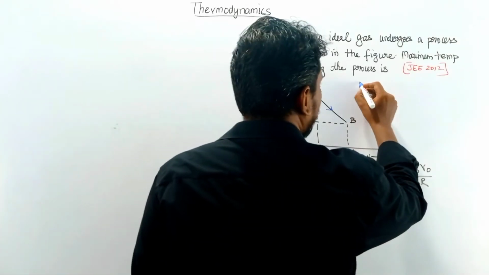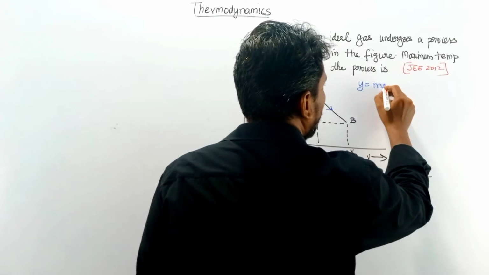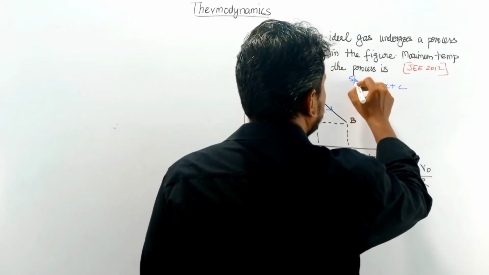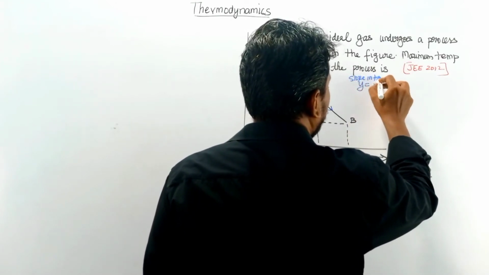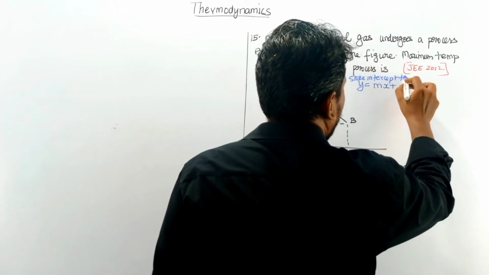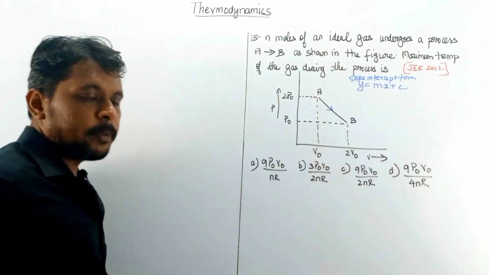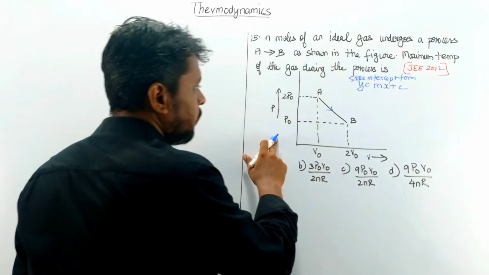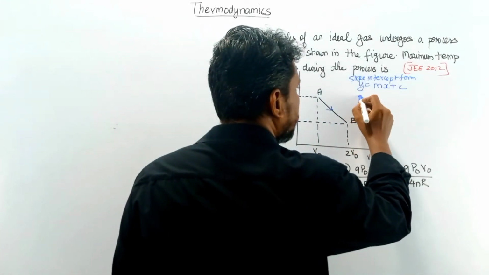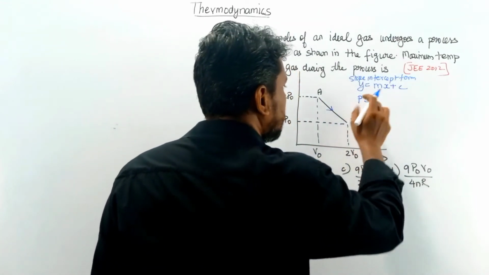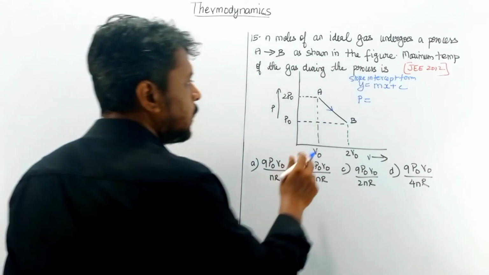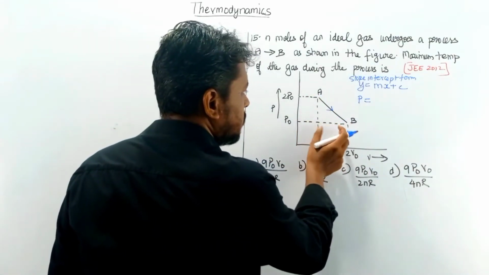You learned in mathematics that y is equal to mx plus c. We call it the slope equation. In this problem, y is nothing but P, and m is the slope. The pressure reduces and volume increases in this part.